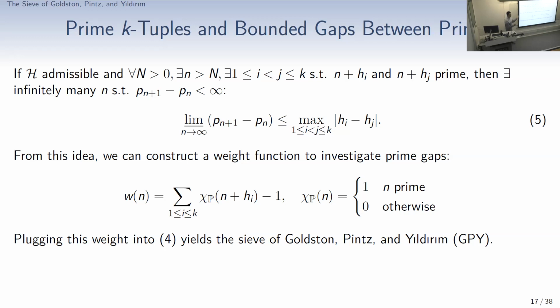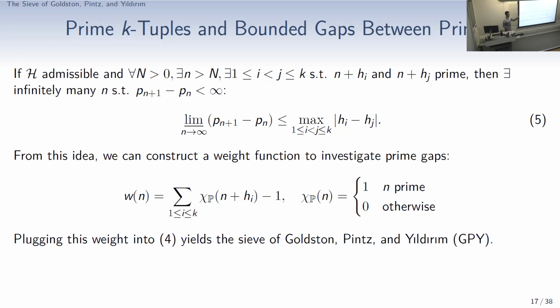In other words, this tuple can generate at least two prime numbers. This will allow us to show that there's a constant such that the gap between consecutive primes is less than that constant infinitely many times.